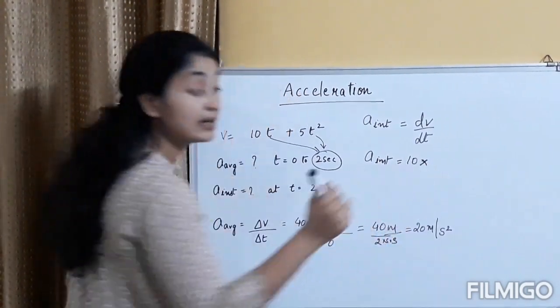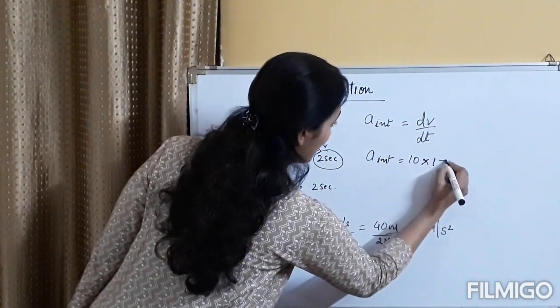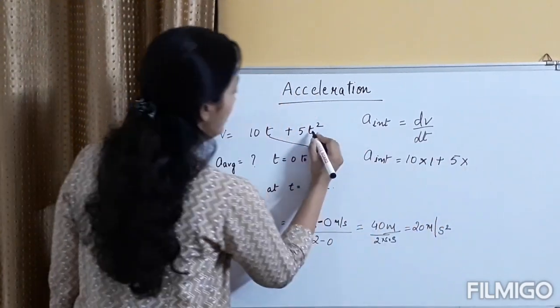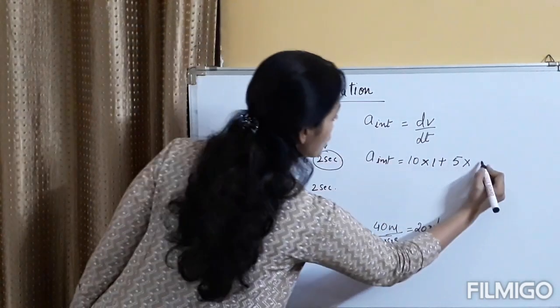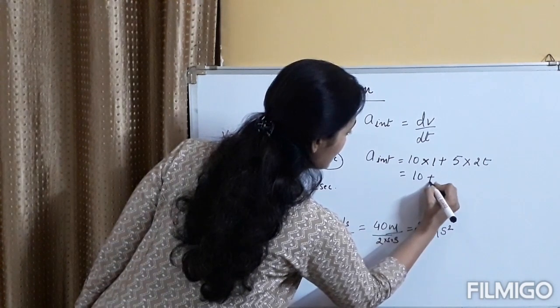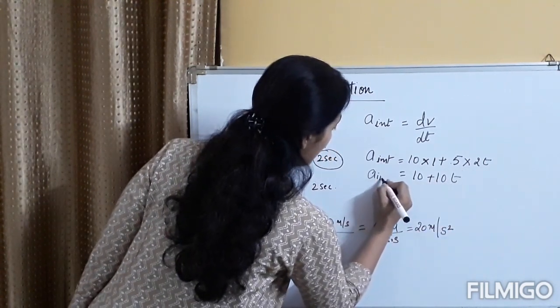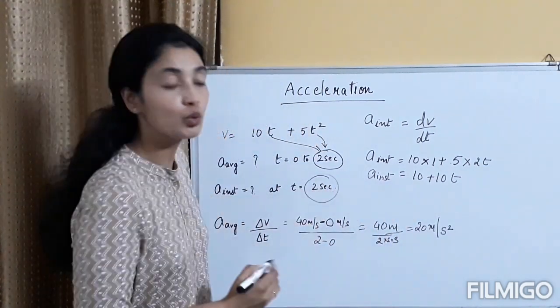We have already studied calculus. Please refer to those episodes. Plus 5 is a constant into the differentiation of t square. This is in the form of x to the power n, so it becomes 2t. So what am I getting? 10 plus 5 times 2t, which is 10t. This is the instantaneous acceleration and I have to get the value at t equal to 2 seconds.